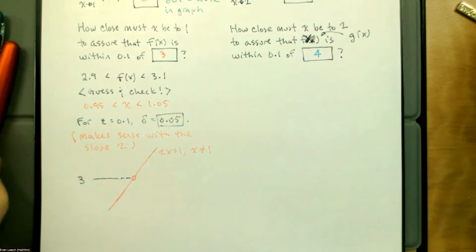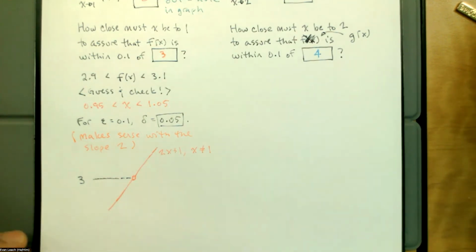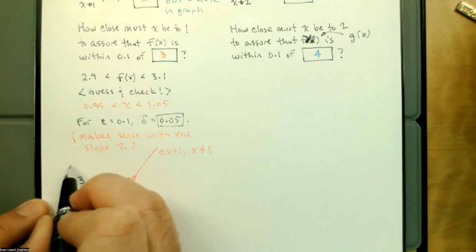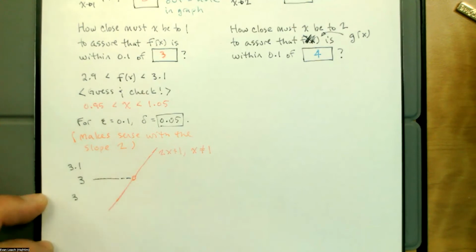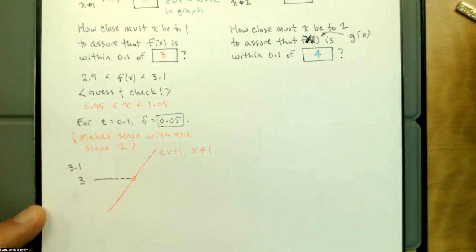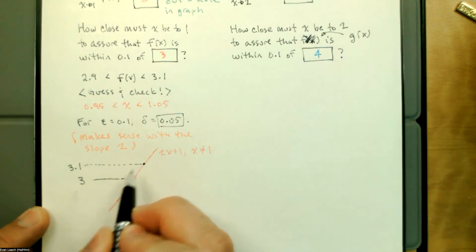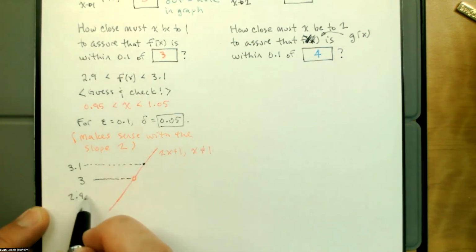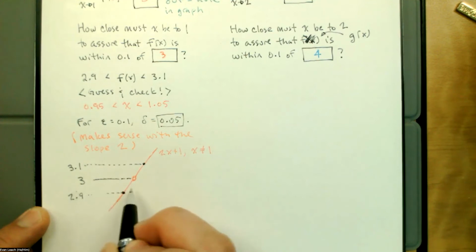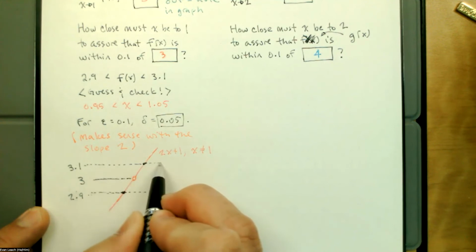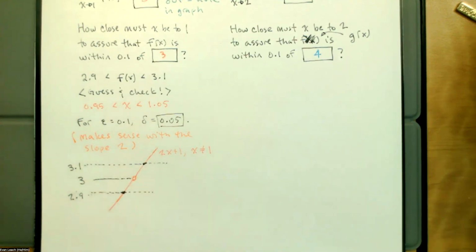So down at, I want the low end of 3.1. Oh, upside down. 2.9 at the bottom. I want f of x to land between 2.9 and 3.1.